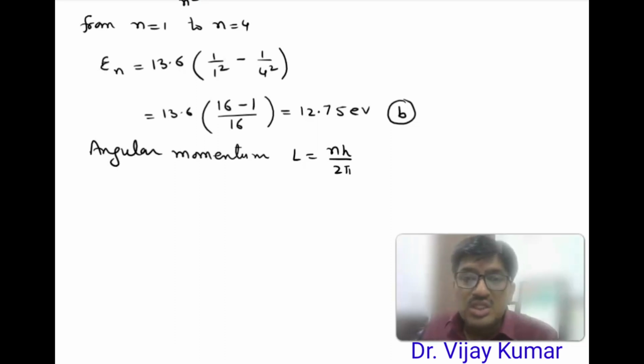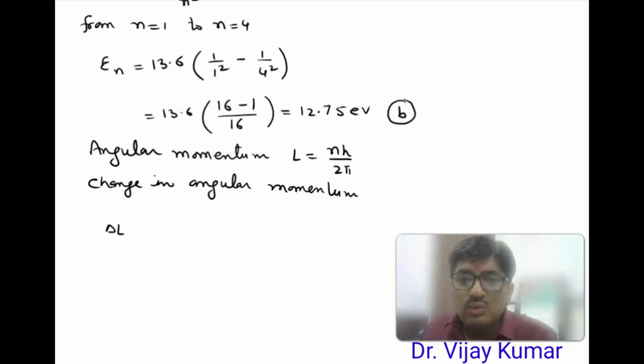Hence the change in angular momentum, delta L equal to 4 into h upon 2 pi minus 1 into h upon 2 pi.